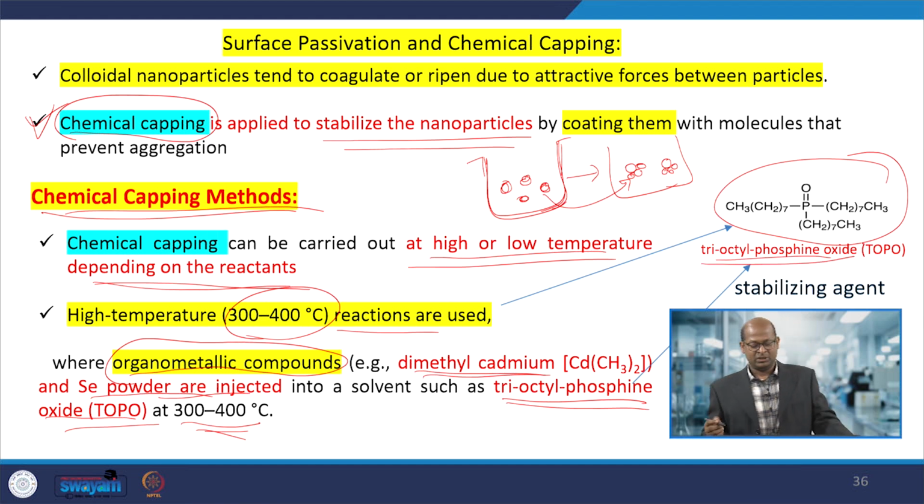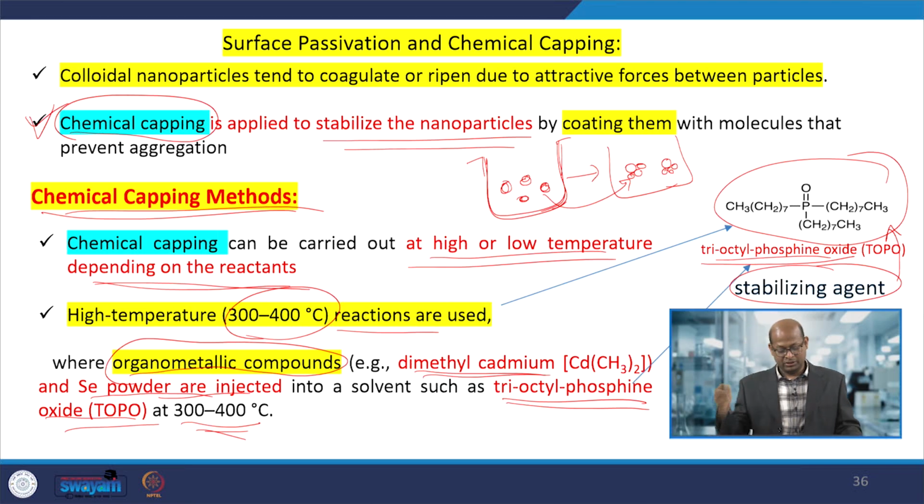We can use these reagents when we are going to prepare cadmium related or selenium related compounds or nanomaterials. So this acts as a stabilizing reagent, and we can use organometallic compounds as stabilizing agents.